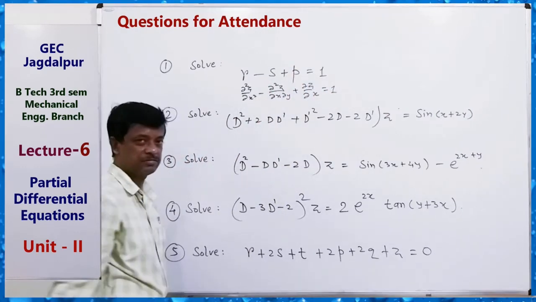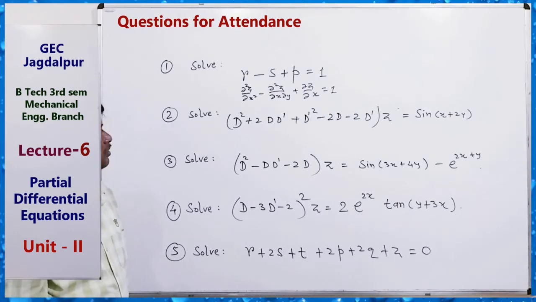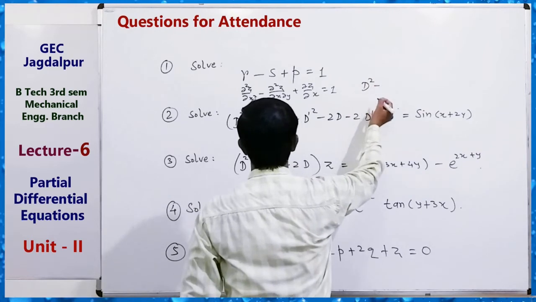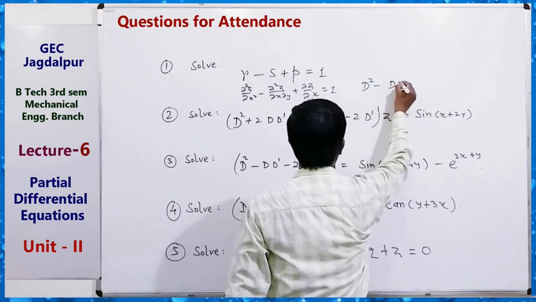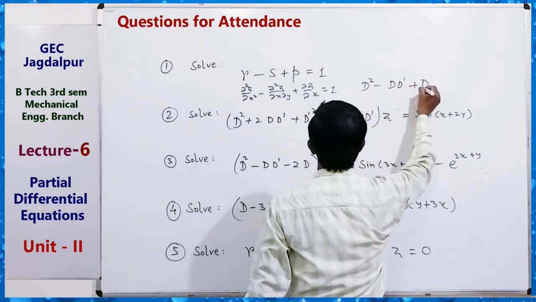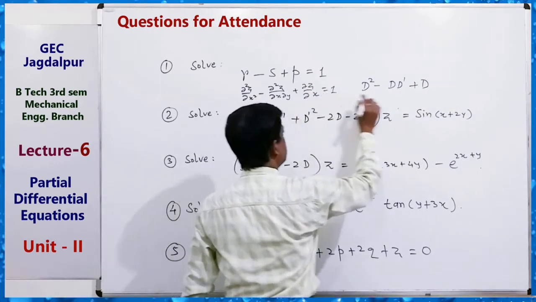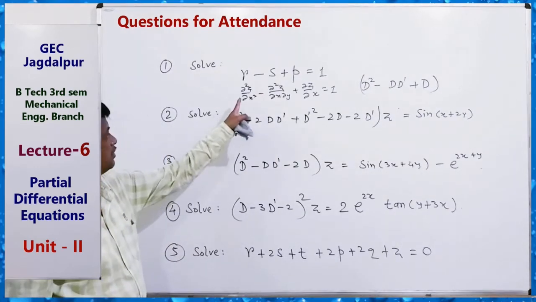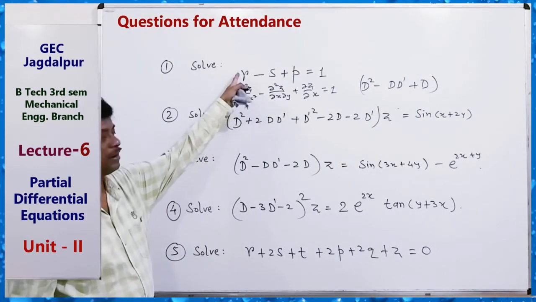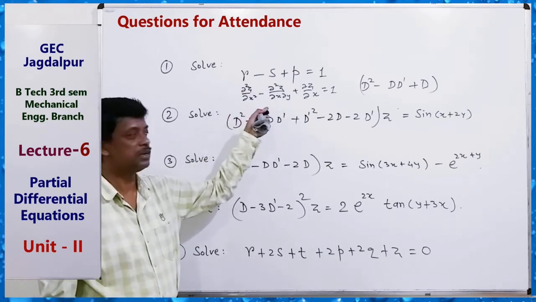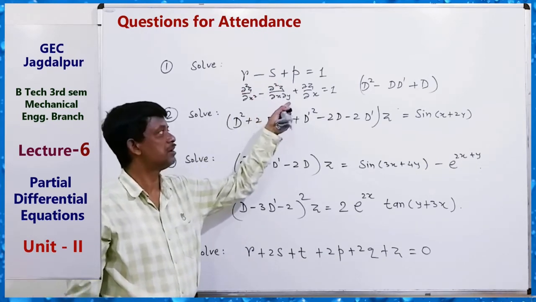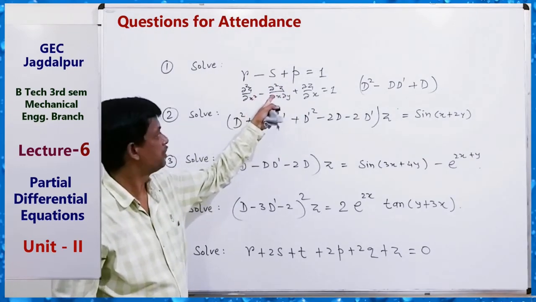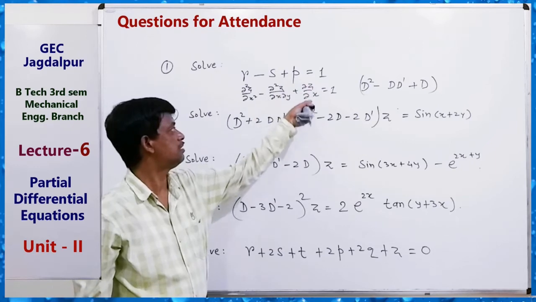This means D square minus D D dash plus D, since p is del z by del x.